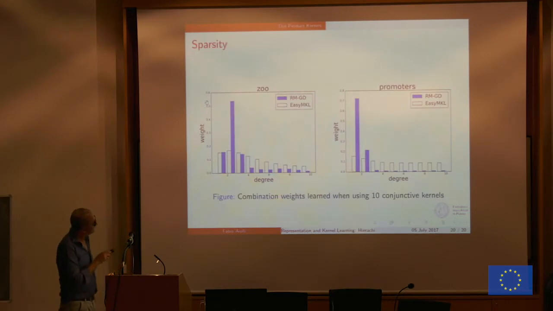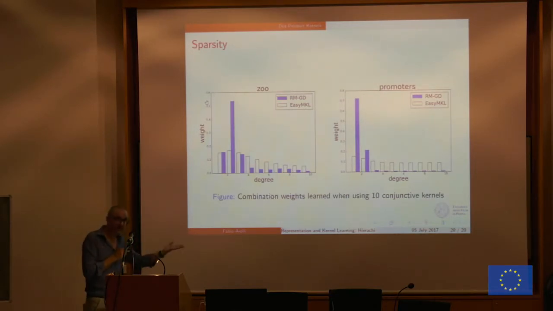And another interesting feature that we have noticed using margin-based algorithms and radius margin ratio based algorithms is that, using the radius margin ratio based algorithms, in general we get more sparse solutions. So basically only a few kernels are selected in the combination, like here.